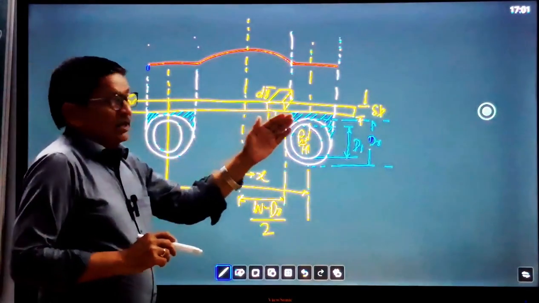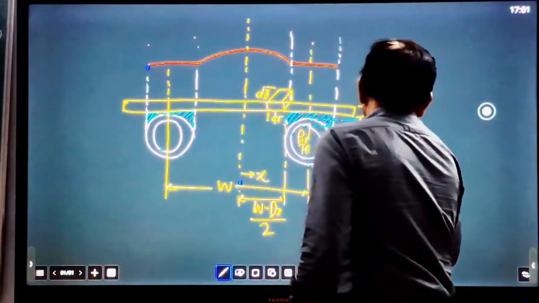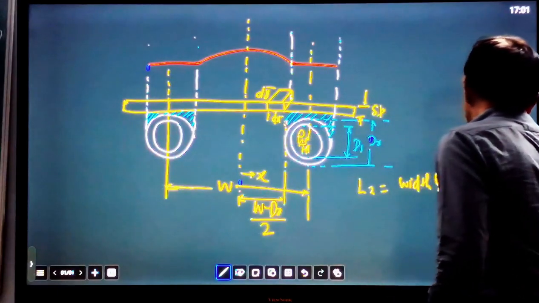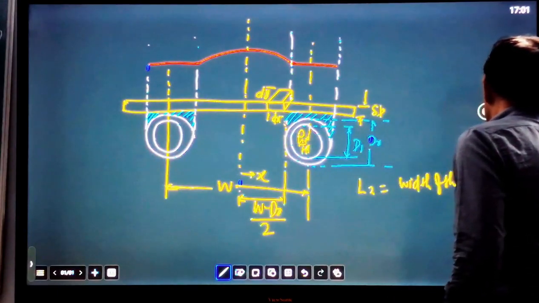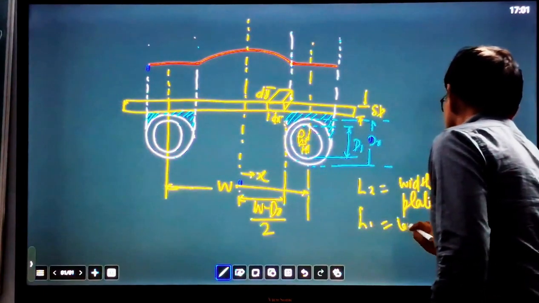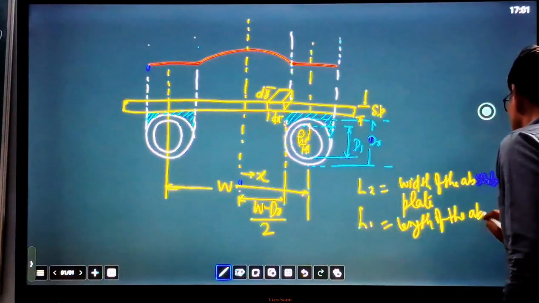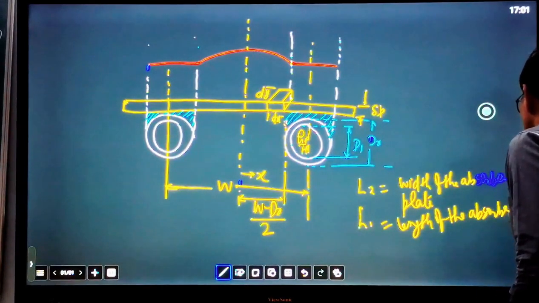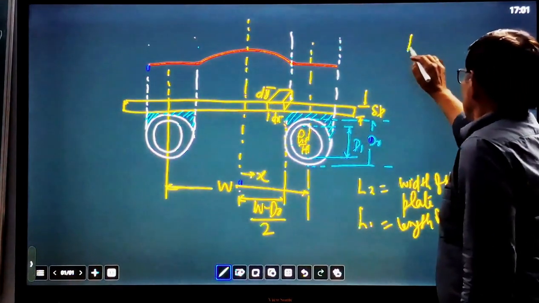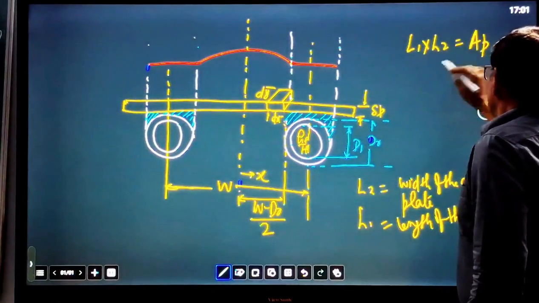So let W be L2. L2 is the width of the absorber plate, and L1 is the length of the absorber plate. So it is obvious that L1 into L2 becomes the area of the absorber plate.